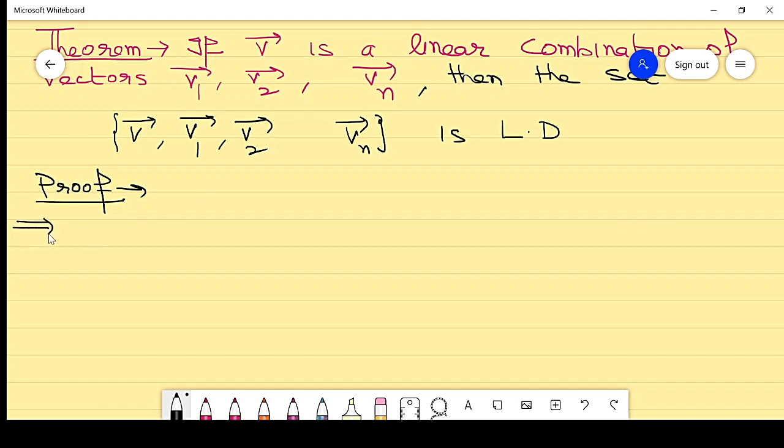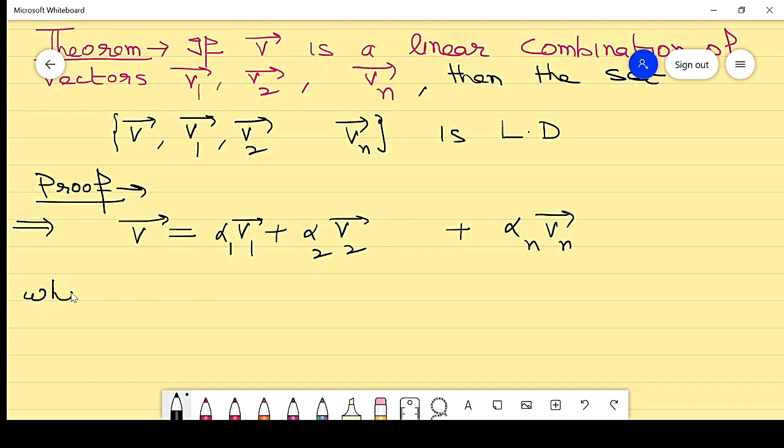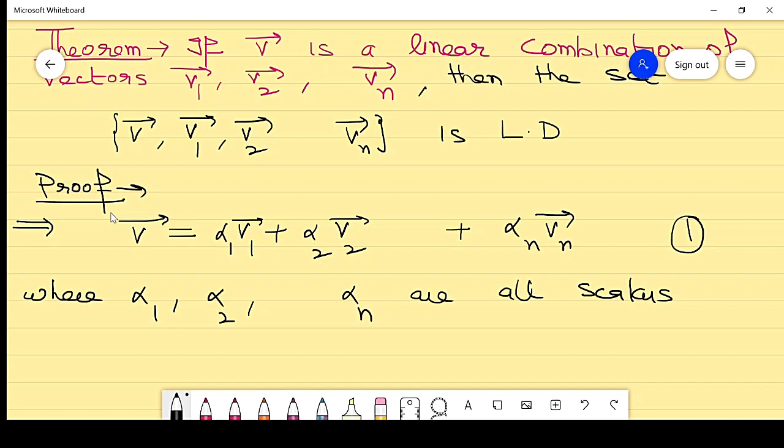So it implies this vector V can be written as alpha 1 V1 plus alpha 2 V2 plus alpha n Vn, where alpha 1, alpha 2, alpha n are all scalars.